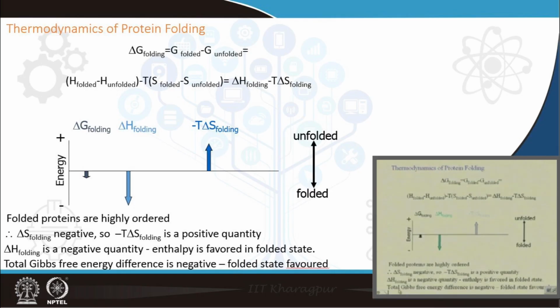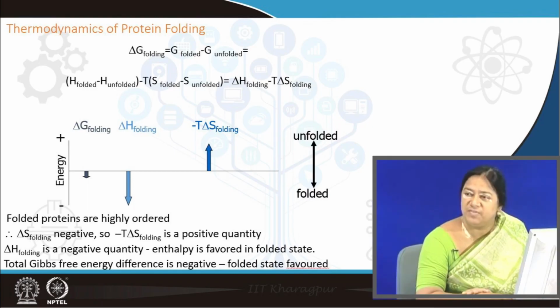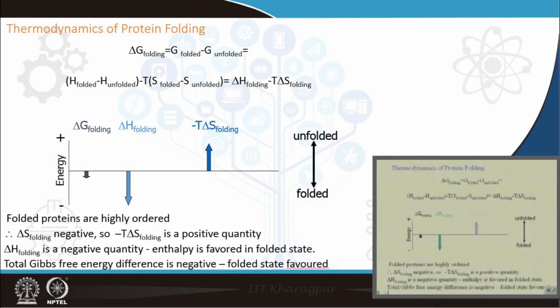But the enthalpy or the folding interactions that are formed are all favorable. Why? Because a hydrophobic interaction is going to be favorable, a hydrogen bond is going to be favorable, an ionic interaction is going to be favorable. What is not going to be favorable is if I have a specific hydrophobic interaction trying to make contact with the solvent.